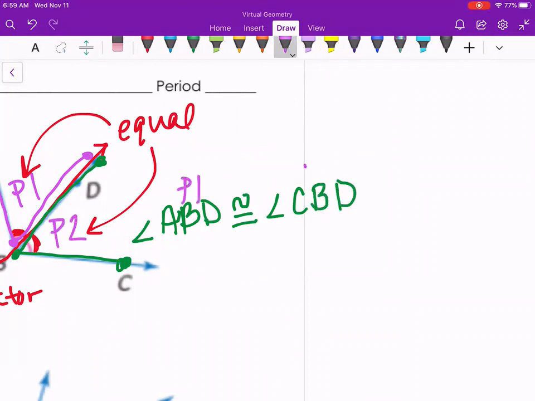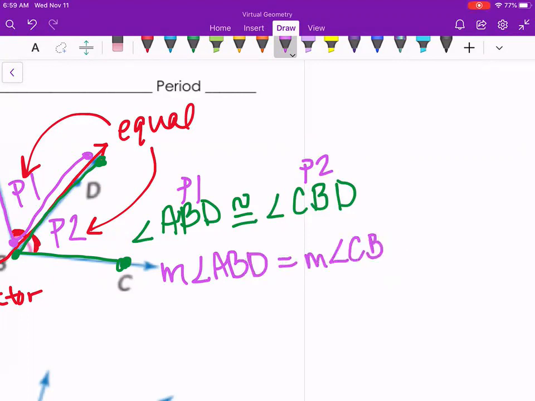So again, part one, part two, this is where the definition of congruence comes in, because now that I know those two angles are congruent, I can say their measures are equal. So the measure of angle ABD is equal to the measure of angle CBD. And then I could use that and plug in any expressions I might have, or use it to find any missing values or measurements.